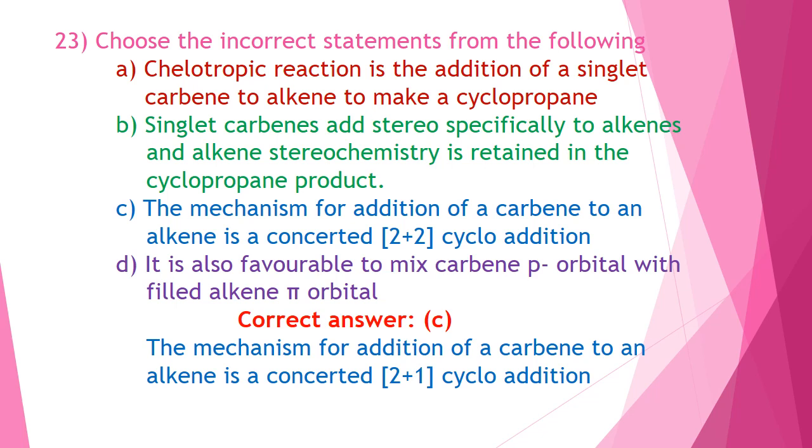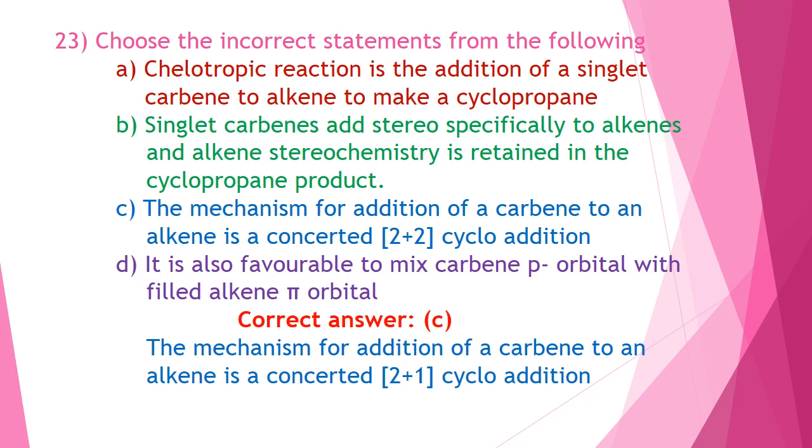Question 23. Choose the incorrect statement from the following. A. Cheletropic reaction is an addition of a singlet carbene to an alkene to make a cyclopropane. It is correct. B. The singlet carbene adds stereospecifically to the alkene, and the alkene stereochemistry is retained in the cyclopropane product.